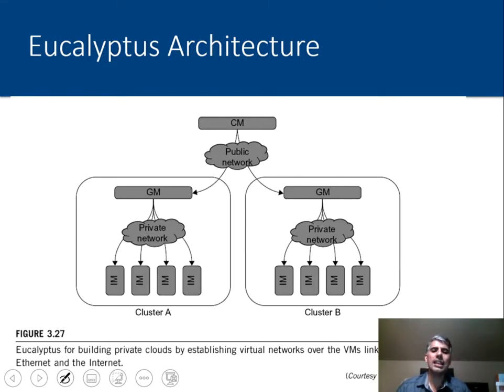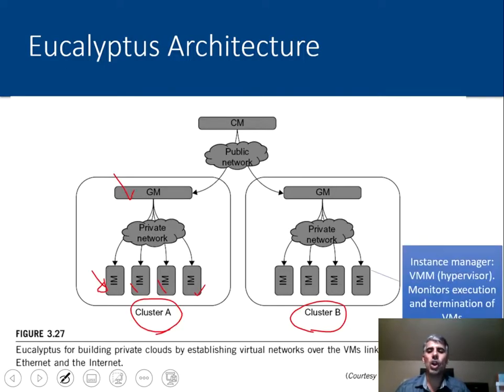It is called instance manager in the context of Eucalyptus. Each cluster has a group manager, which is in charge of managing those hypervisors and VMs within that cluster, knowing which machines have available slots, and doing monitoring and things like that.